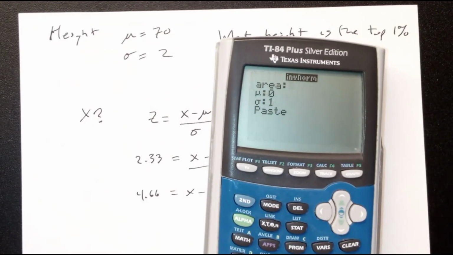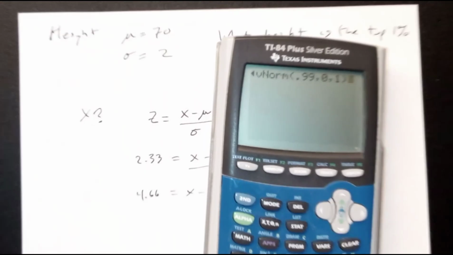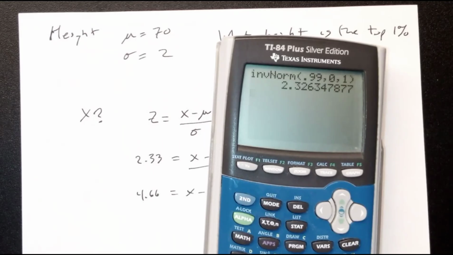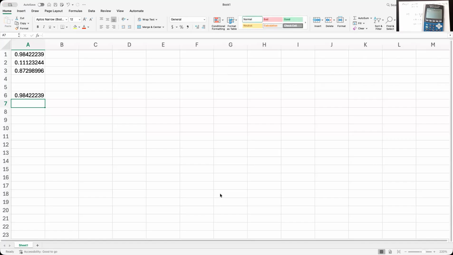I want the area to be 99%, right? 0.99. There's my Z-score. I want to do an inverse normal here. Equals NOR.